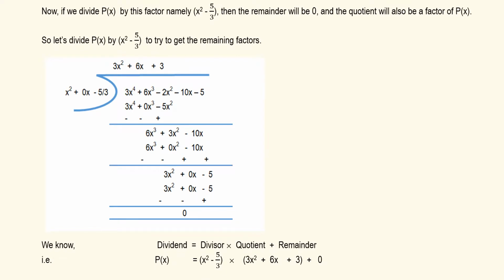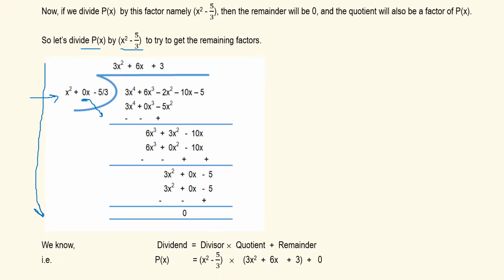Okay, so now we are dividing polynomial px by x square minus 5 by 3, and the steps to carry out that division are shown here. We have the factor x square minus 5 by 3 written here. We have added a term 0x so that spacing is very easy during the division process.